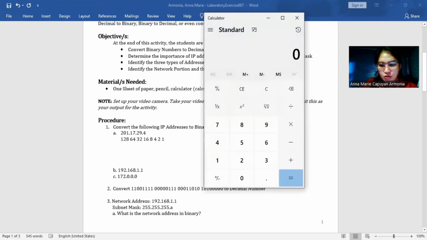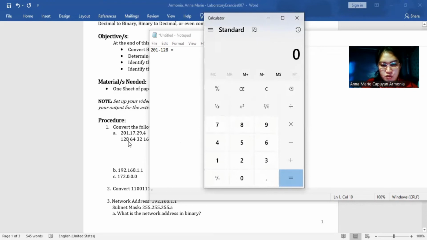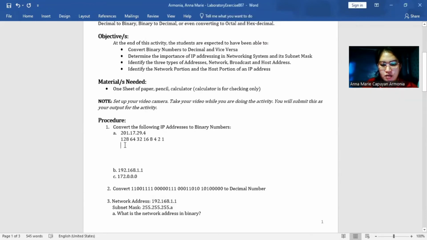As I have mentioned earlier, for this 201, you have to subtract the 128 from 201. So 201, meaning it can be subtracted. Let's put here, meaning we have 1 here.